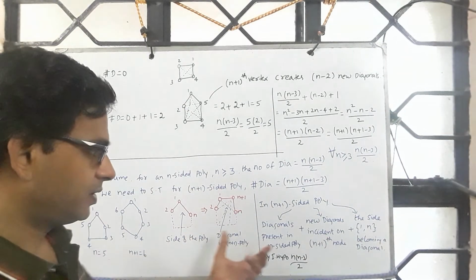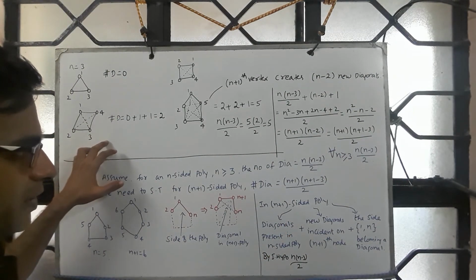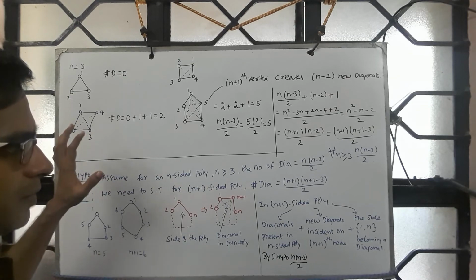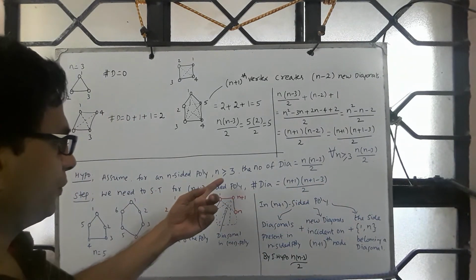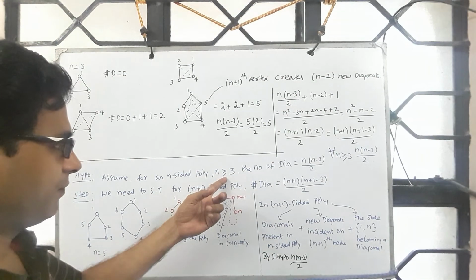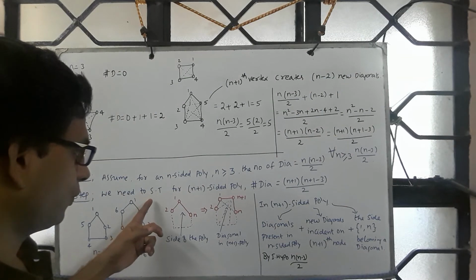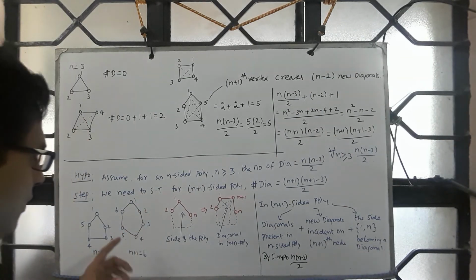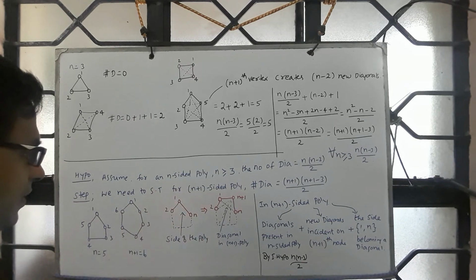Let me repeat this part. We have proved for n is equal to 3, which is the triangle, the number of diagonals is 0. Then assuming the inductive hypothesis starts from 3, we moved on to 4. Then we played with a couple of examples before we got this observation.